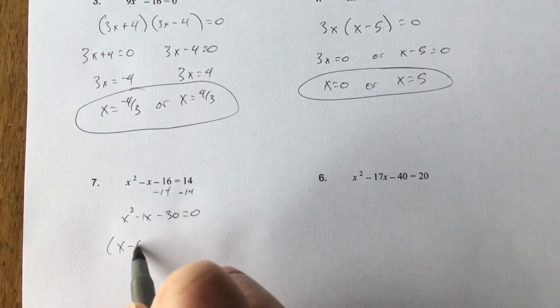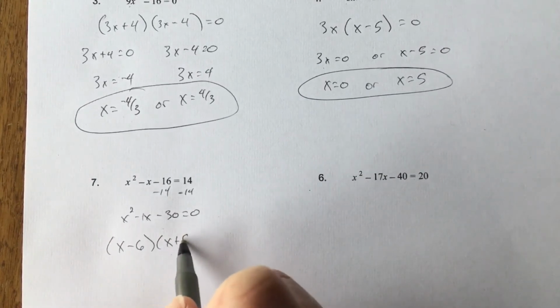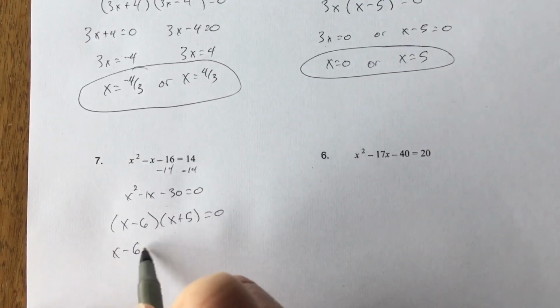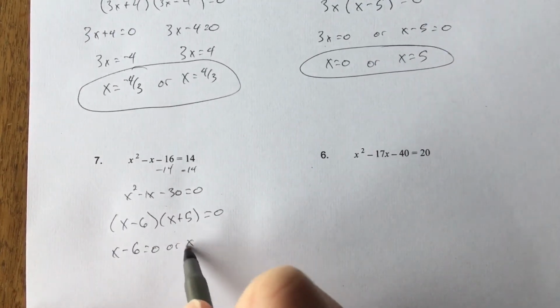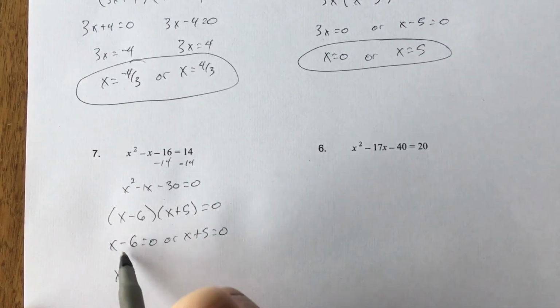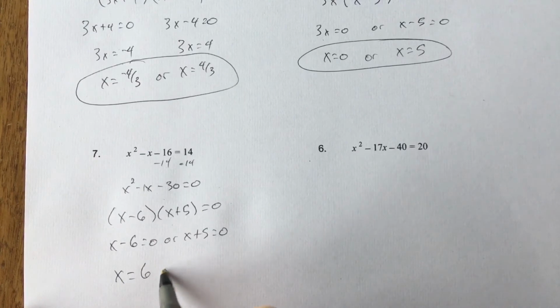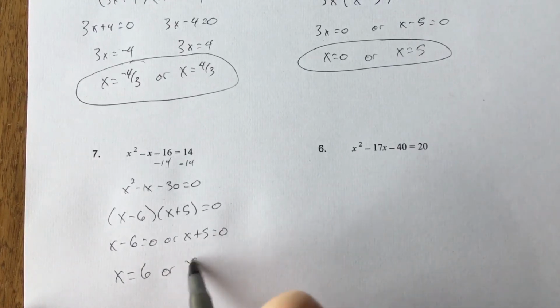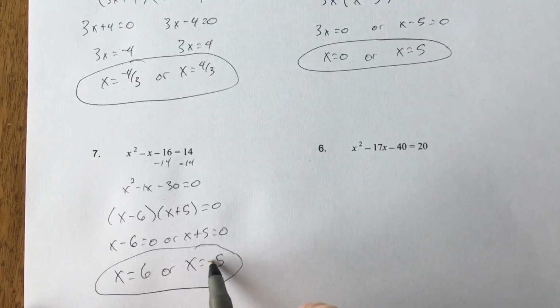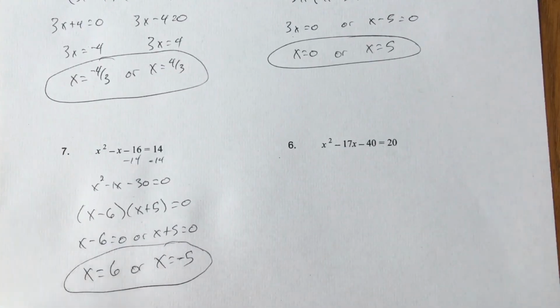And those numbers are negative 6 and positive 5. And so either x minus 6 equals 0 or x plus 5 equals 0. Okay, so that means x could equal, add 6 to both sides, positive 6. Or subtract 5, x could equal negative 5. All right. Those are our two choices.